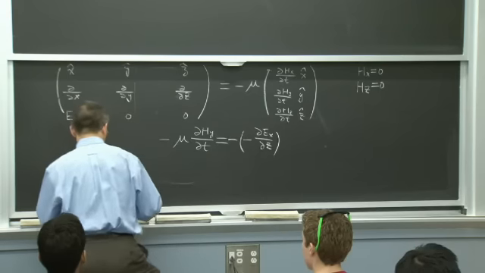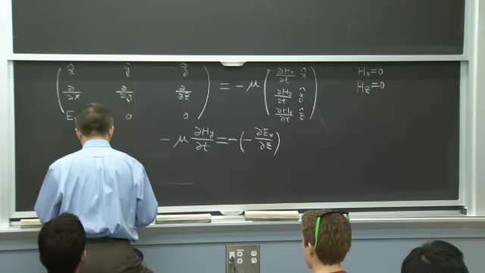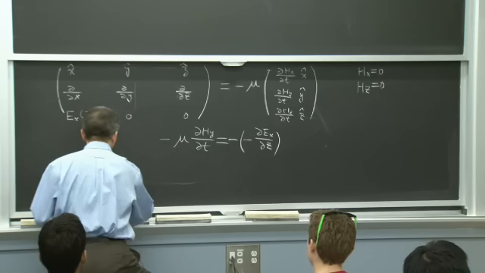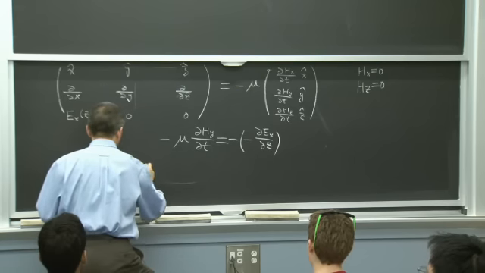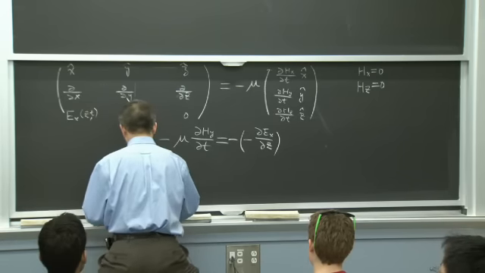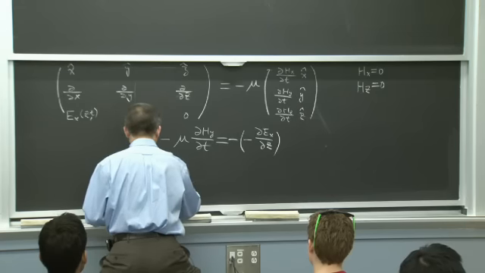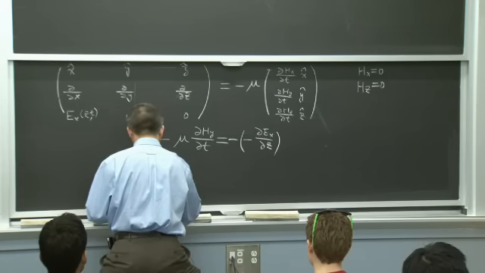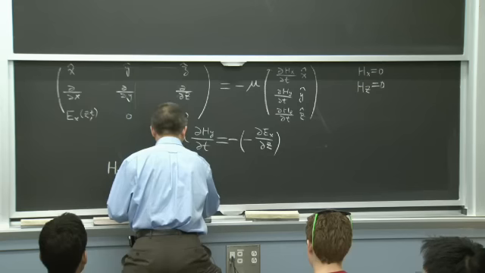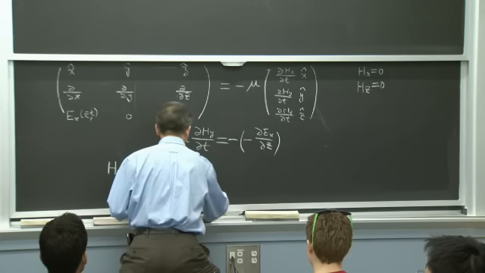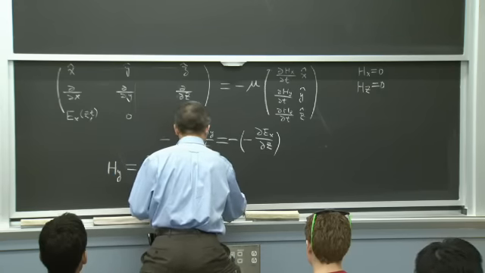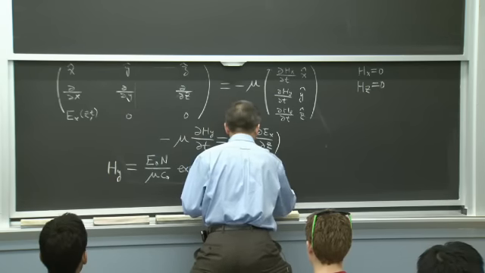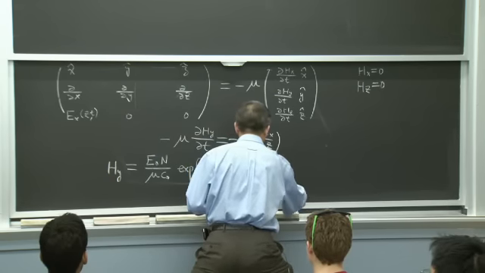In this case, what you get, without going through the intermediate steps, my Hy component is E0 times n over mu0 c0 and exponential minus i omega t minus n omega over c0 times z.